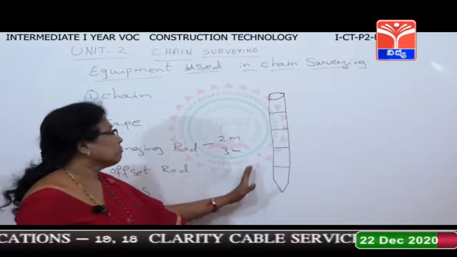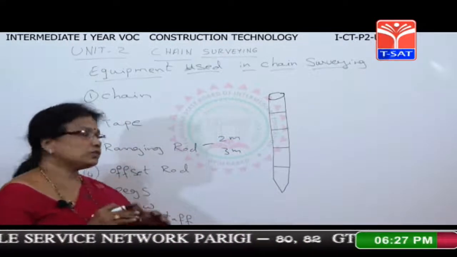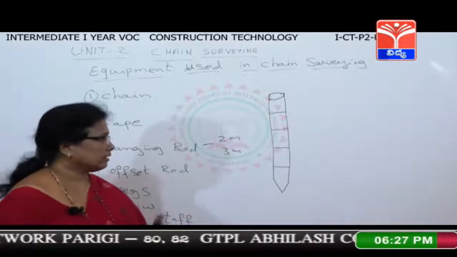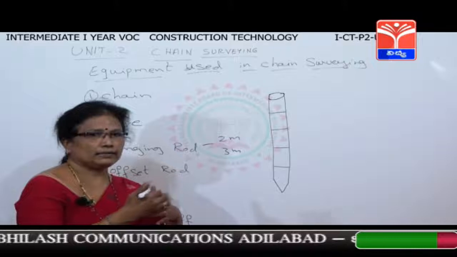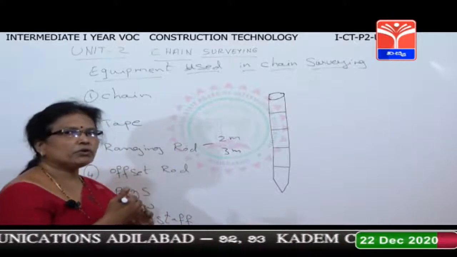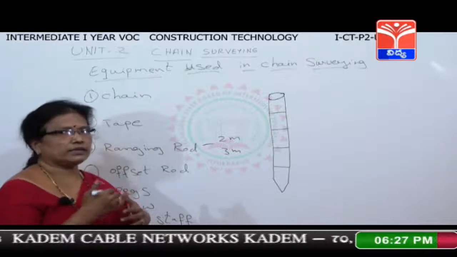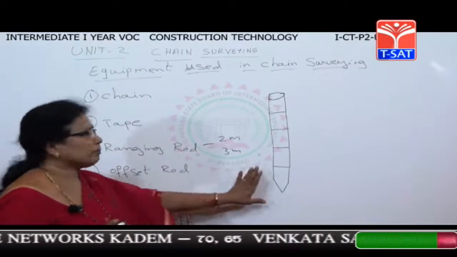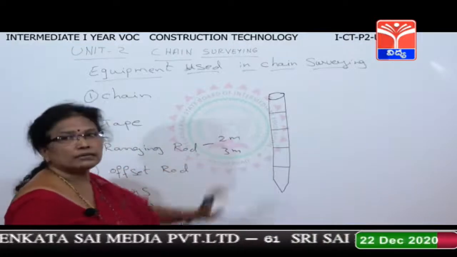Actually, the main purpose of the ranging rod is to range the line. What is ranging? We will learn in the next class. Ranging means bringing the 2 lines in a straight line. Before measurement, we have to bring the line in a straight direction. So for that purpose, we are going to use the ranging rod. It is available in 2 meters and 3 meters.